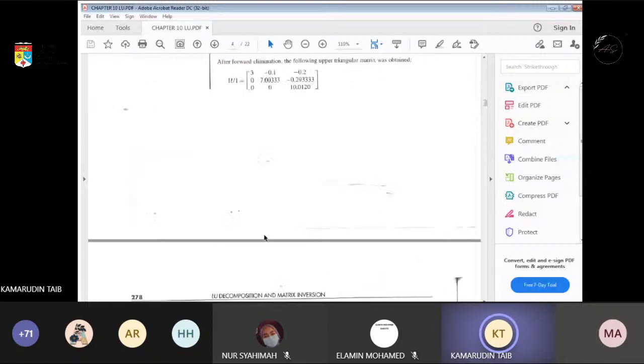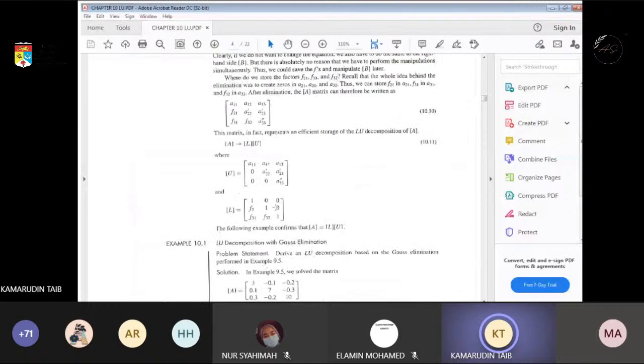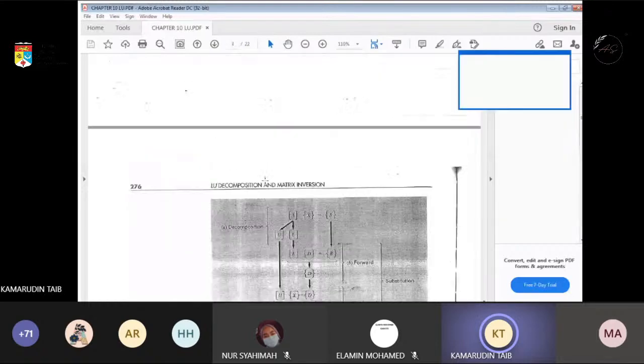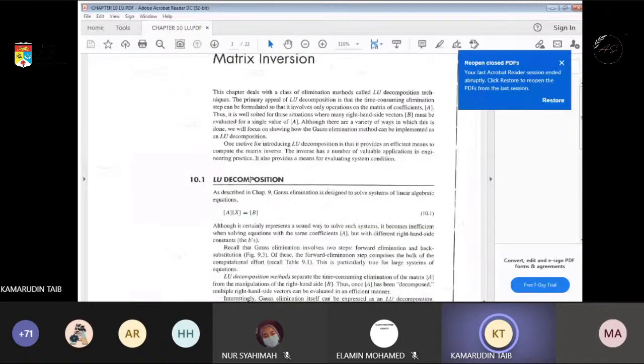LU decompose here means you segregate, decompose.